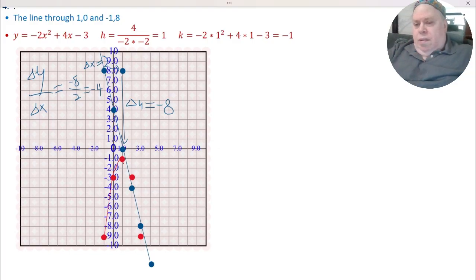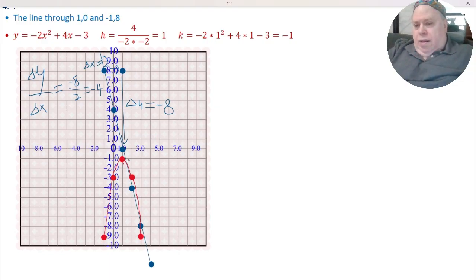And then I go like that. I go like that. And I go in here more or less like that. And so that gives me two places where there's an intersection.